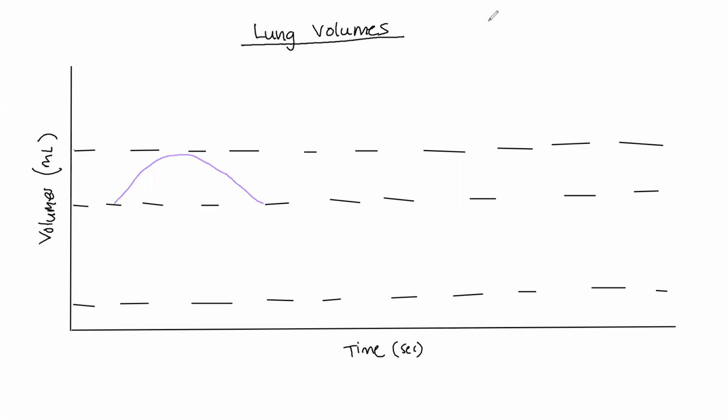And I'm gonna put a little key up in the corner here. So this is V and a T, and this is representing tidal volume. Okay, now remember, tidal volume includes both that quiet inspiration and that quiet expiration.